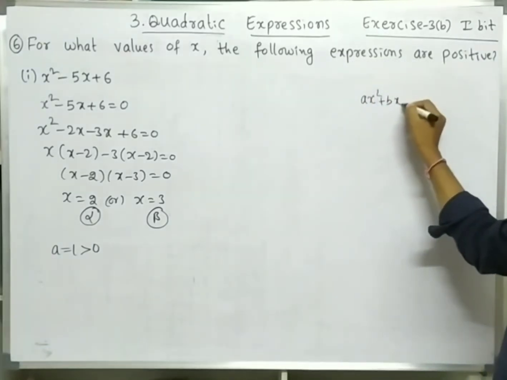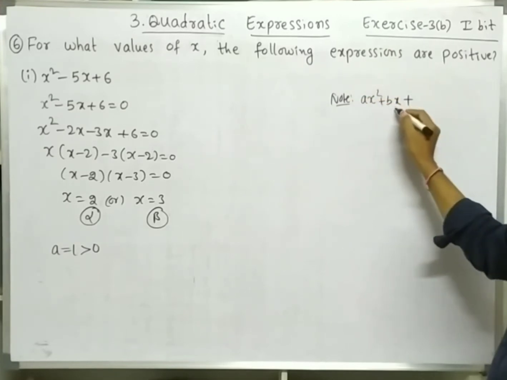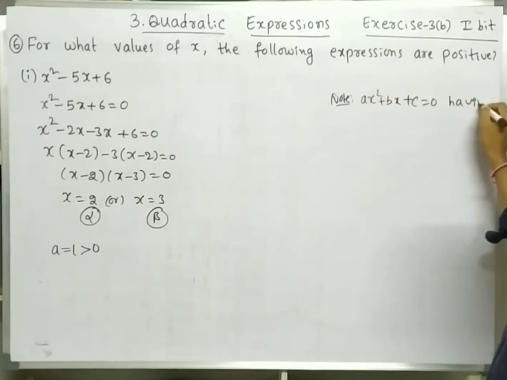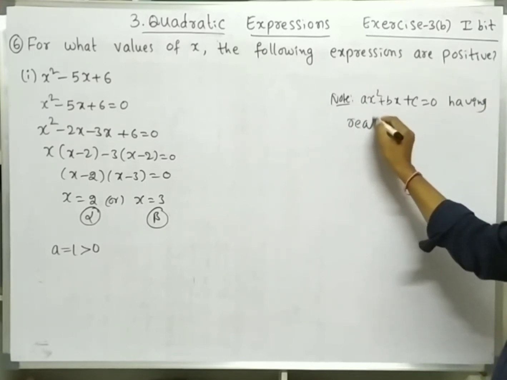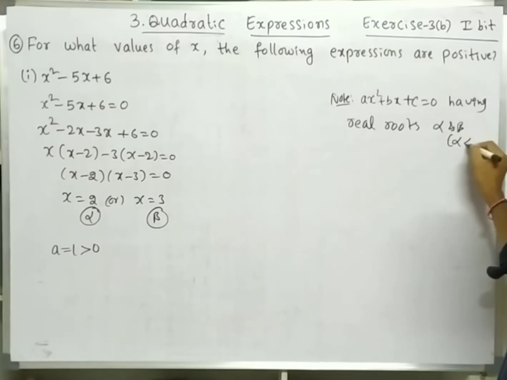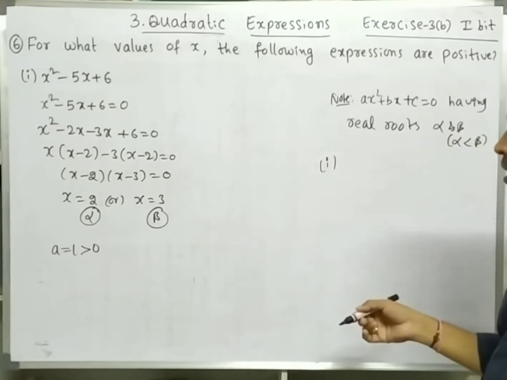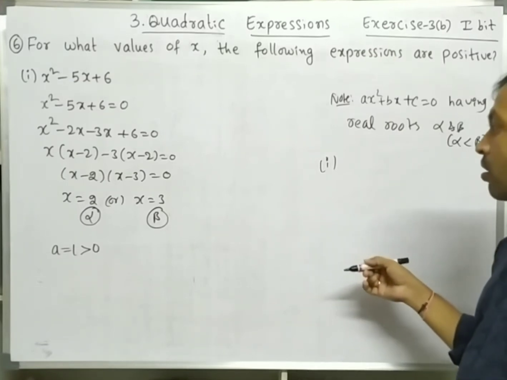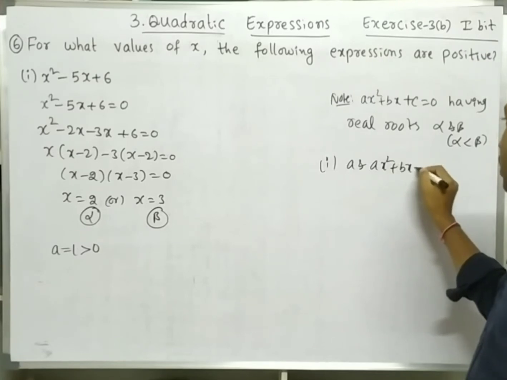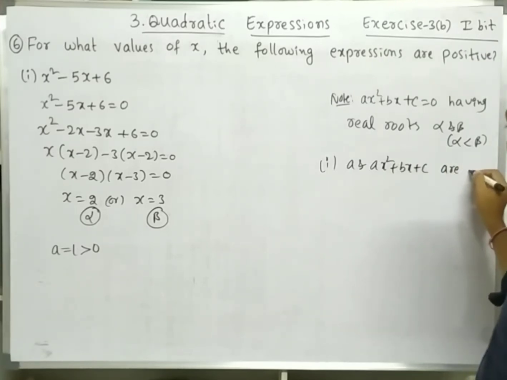So we have learned that ax square plus bx plus c equal to 0 having real roots, those are alpha and beta, where alpha is less than beta. So number one condition, both a and ax square plus bx plus c are positive.